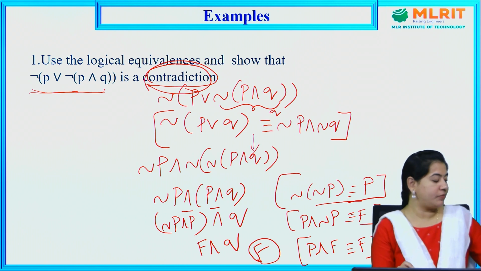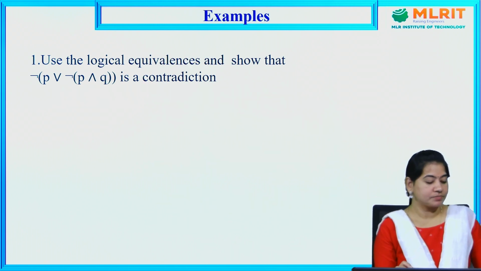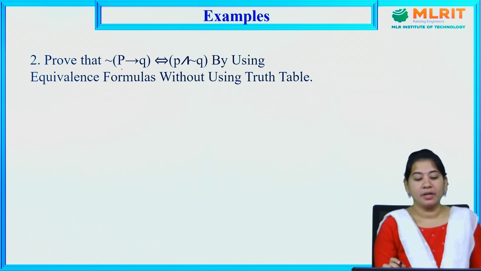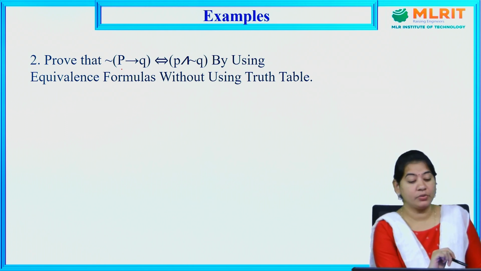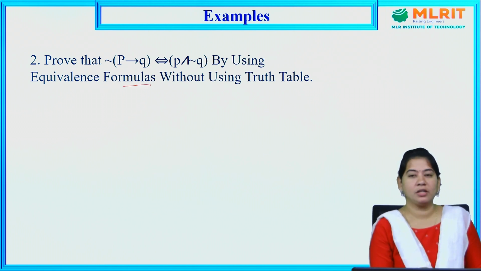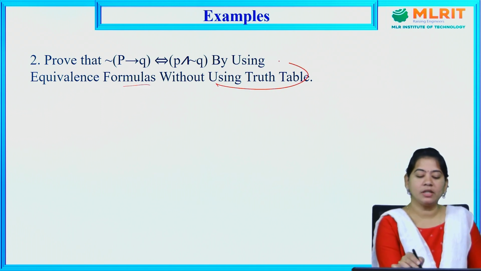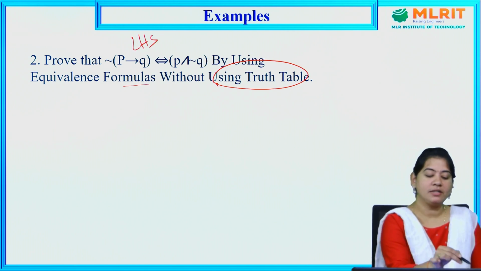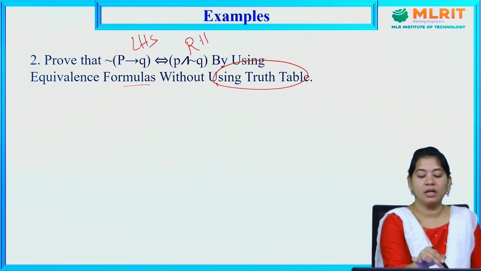So in the same way, let us consider the next example also. The example is prove that negation of (P implies Q) is logically equivalent to P and negation Q by using the equivalence formulas without using the truth table. So here without using the truth table is nothing but by using the replacement process. Let us consider this is LHS and this is RHS.